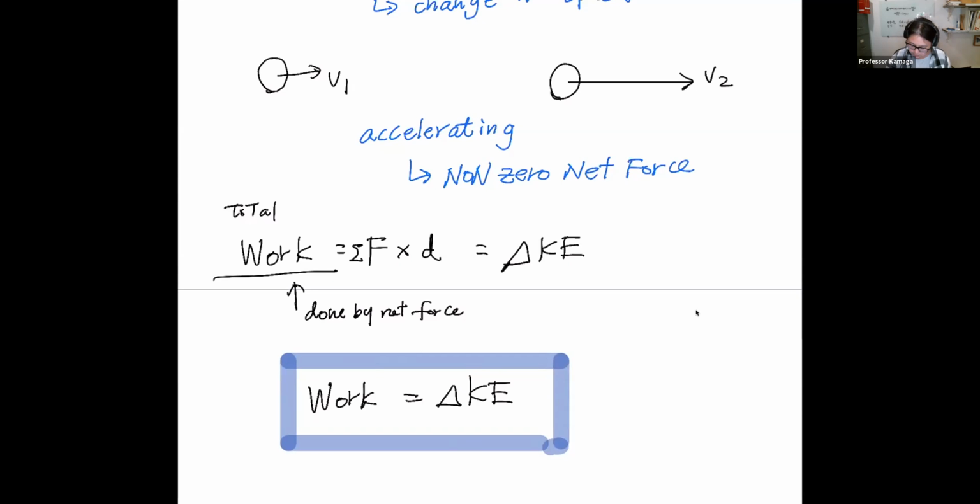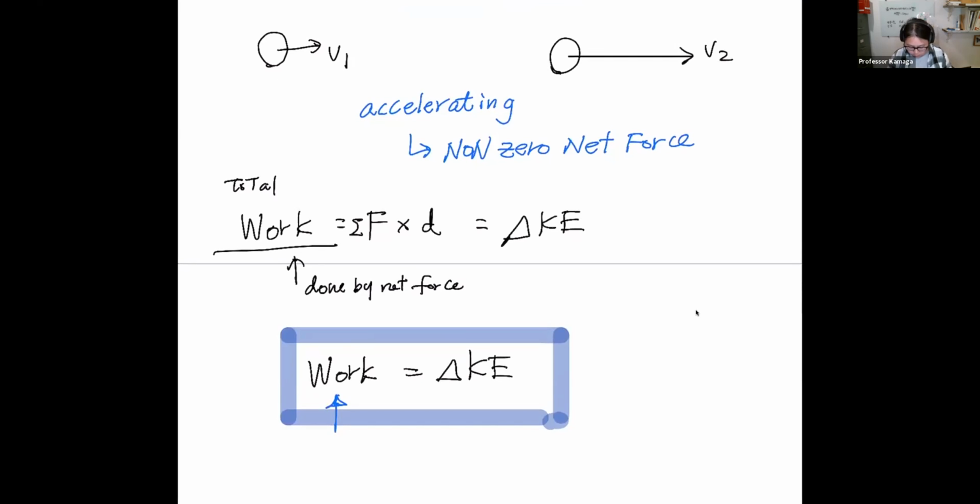What I am saying is that the work I'm talking about is work done by the net force, or total force, which is the total work.